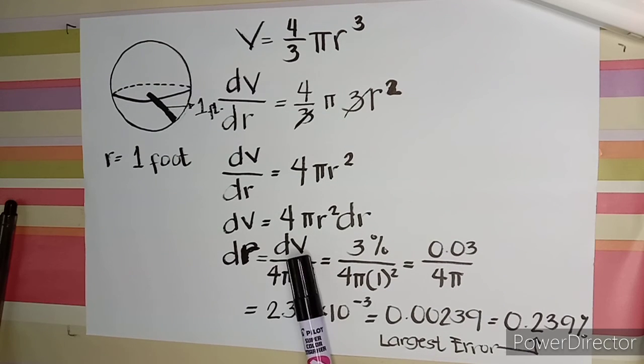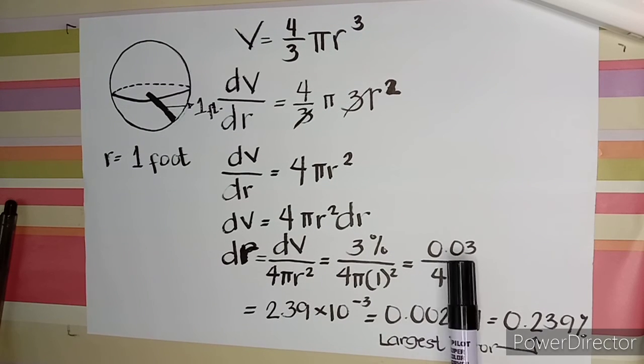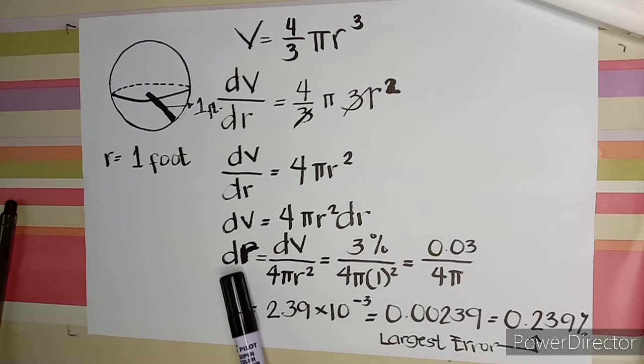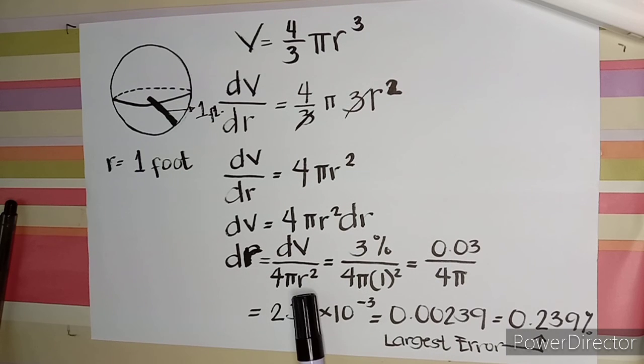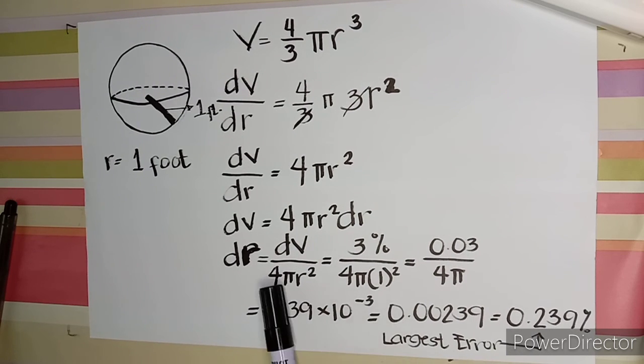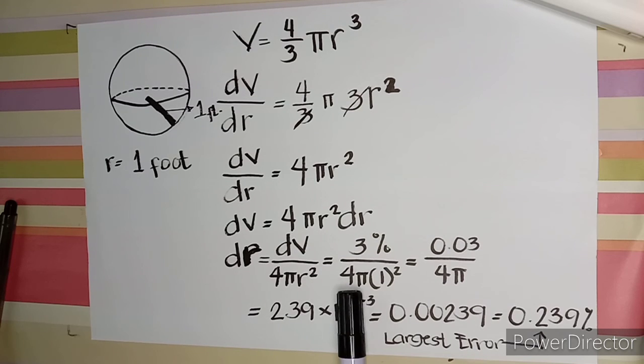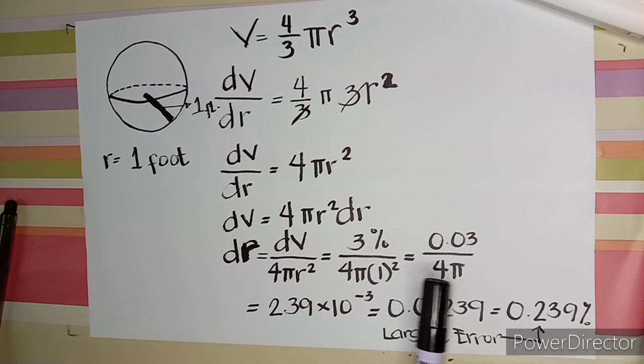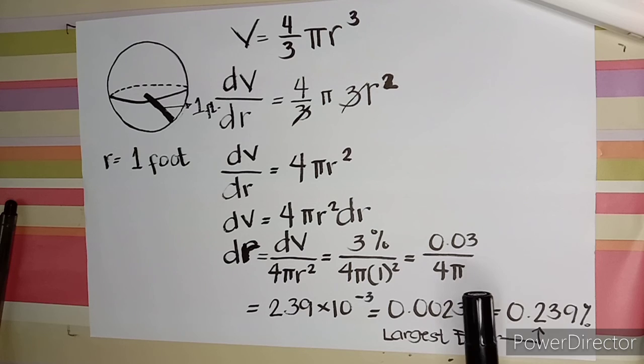Our dV is equal to 3%, or 0.03, while our radius is equal to 1. So 4 pi r squared, or 4 pi times 1 squared, is equal to 4 pi.